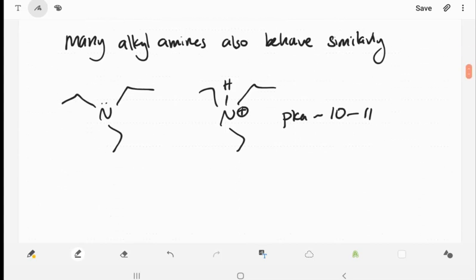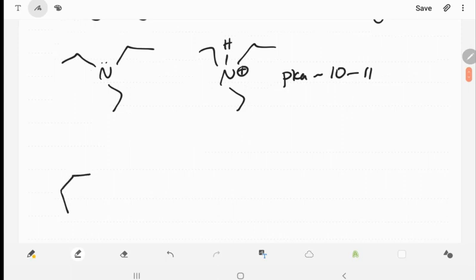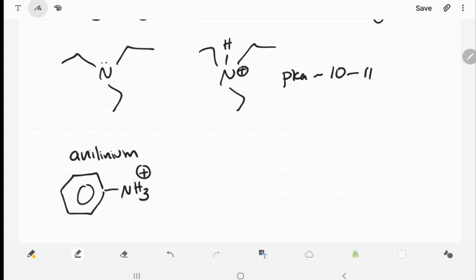However, once we throw aromatics in, the anilinium ion has a pKa of roughly 4 to 5 or so.